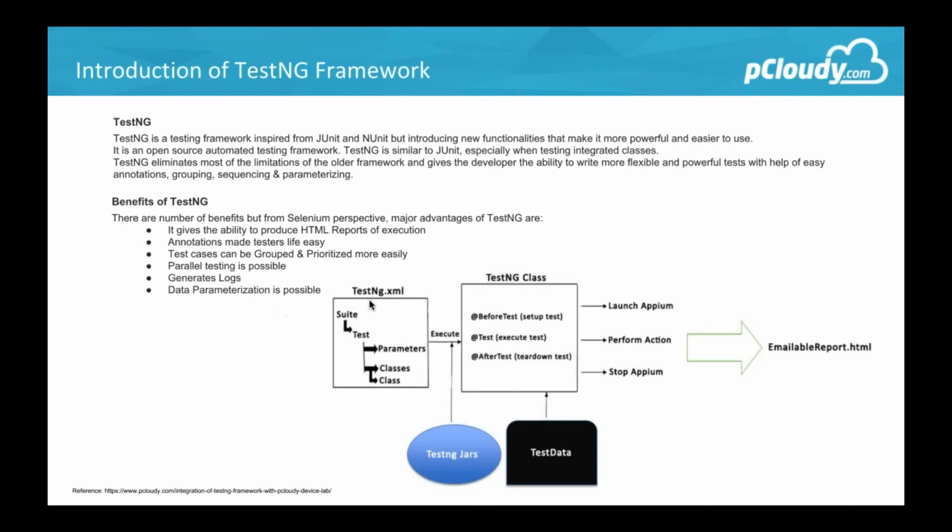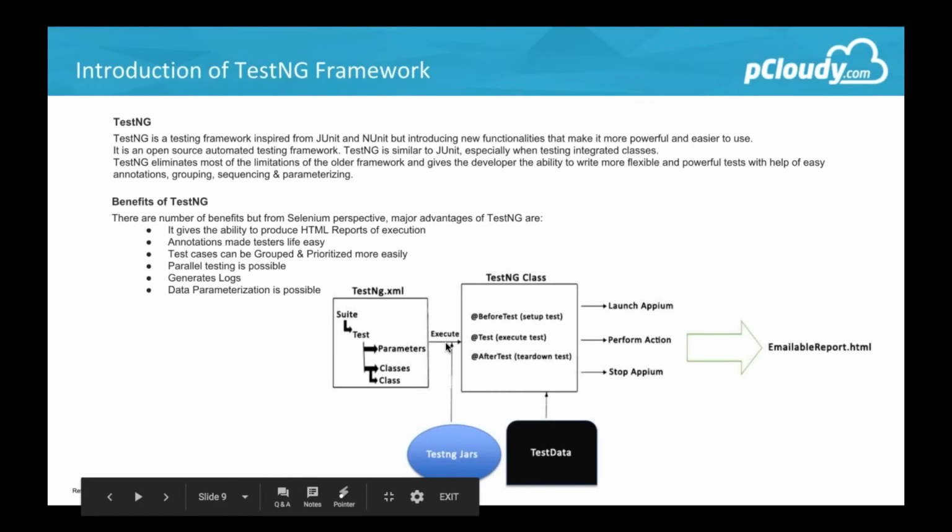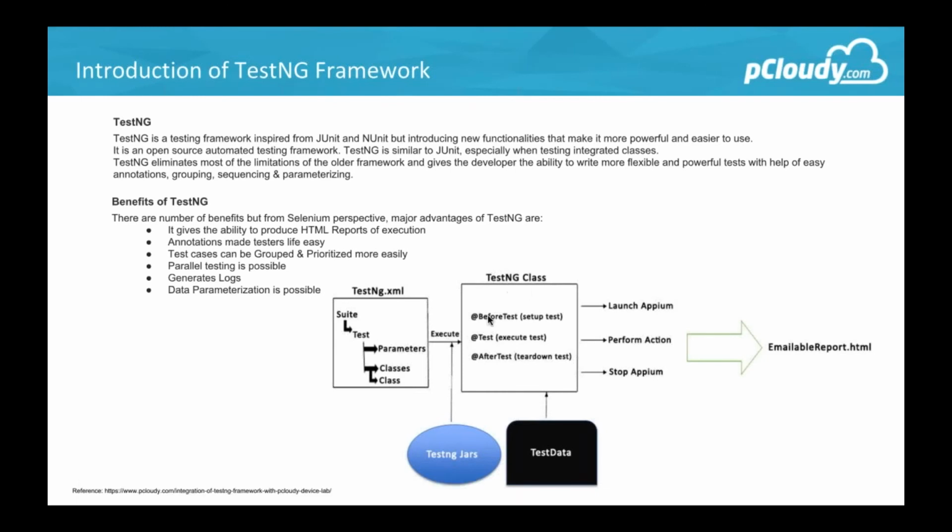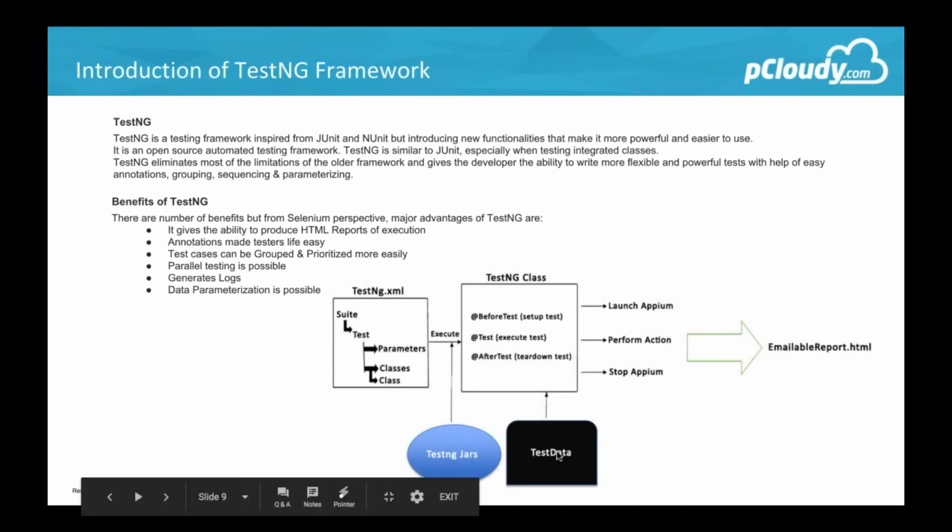Typically, in TestNG we have a TestNG XML which contains a suite, some test cases with parameters, and some classes. Inside the classes we have annotations. When we execute it, we give TestNG jars to it. With the help of some TestNG classes, which have annotations like before test, at test, after test in each class, this gets added with test data.